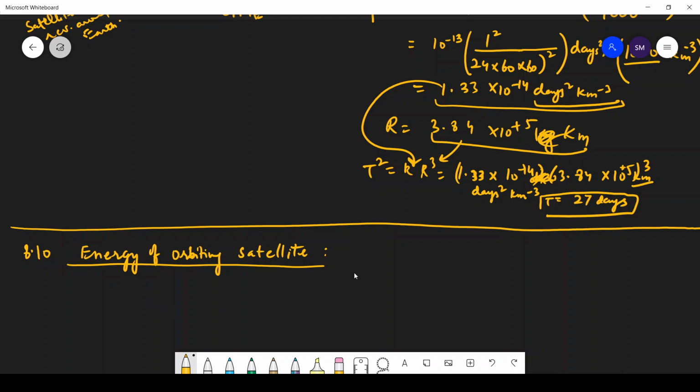So, of course, suppose this is your Earth, and we have a satellite. That's your satellite revolving around, and suppose this satellite is at height h.